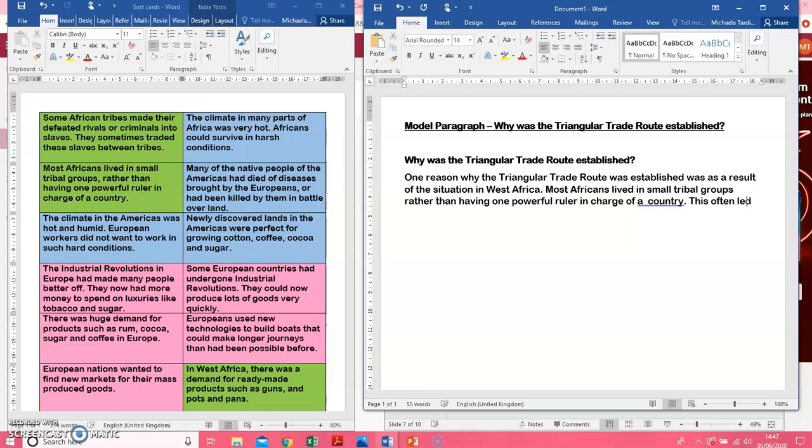This often led to wars or disputes between the nations, some African tribes made their defeated rivals into slaves as punishment, and sometimes they traded these between one another.